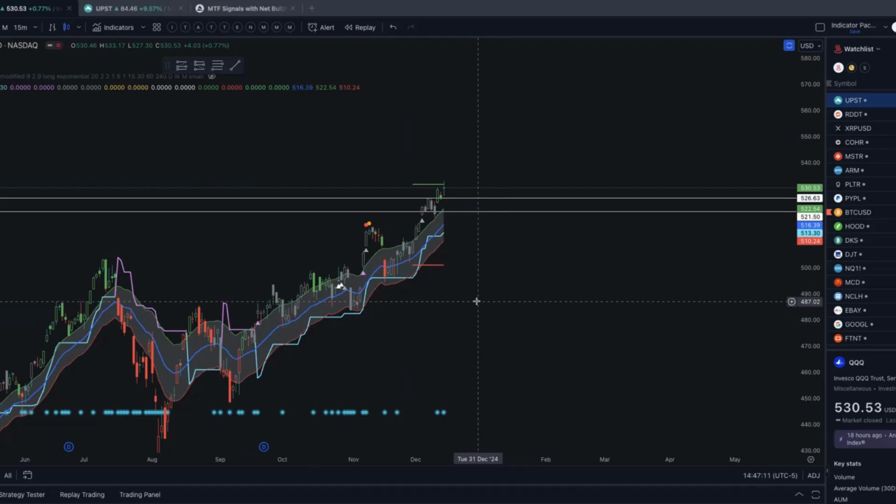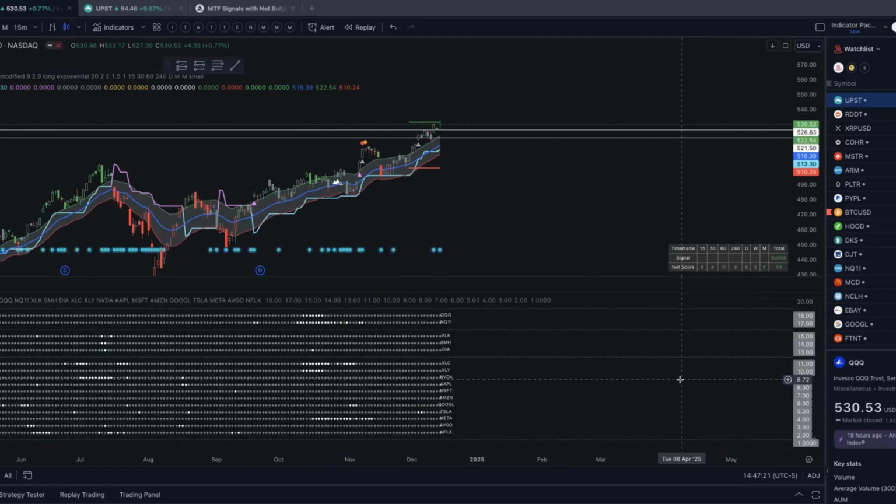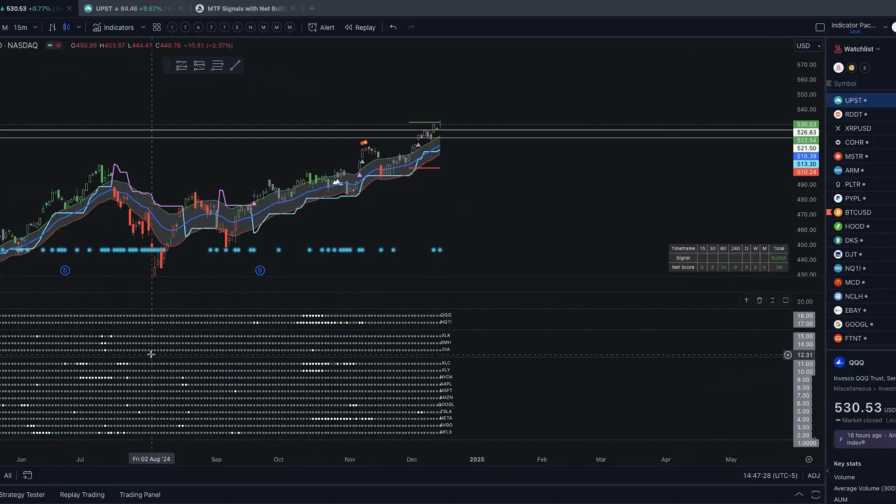The upgraded lifetime package, you now get the table with the bull and bear scores, the time frames, the signals on every time frame, which is completely customizable. And then you also have the triple squeeze, the multi-stock squeeze, whatever you want to call it, right here, which gives you the option as well. And you can see what's going on in all areas and corners of the market.